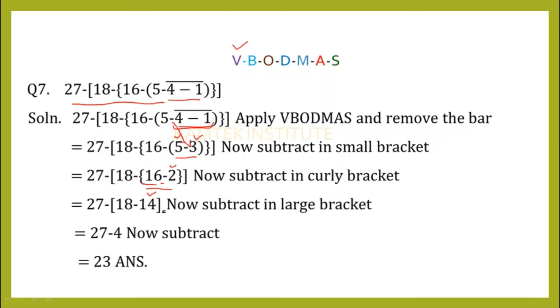Close the large bracket. Again, next step, this bracket has to be opened by doing the subtraction operation. So we have 27 minus, and 18 minus 14 is 4 over here, and then 27 minus 4 is 23. So 23 is the answer to this question.